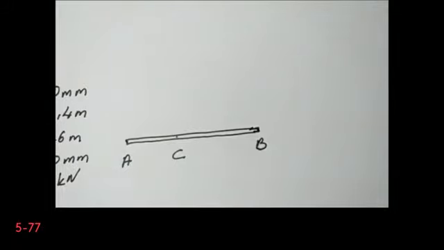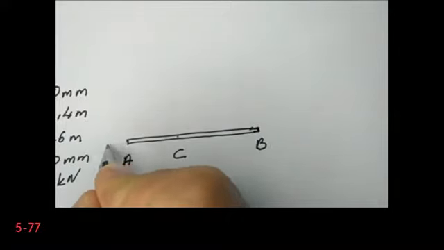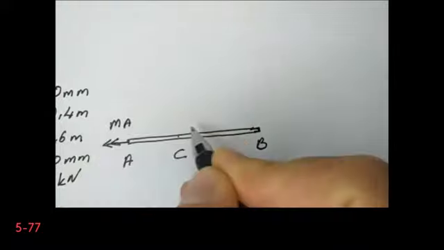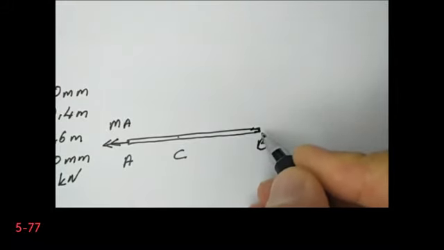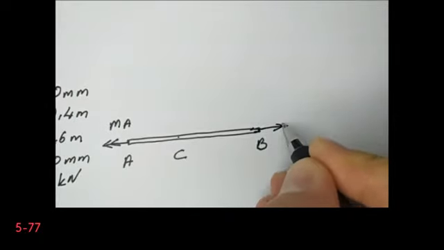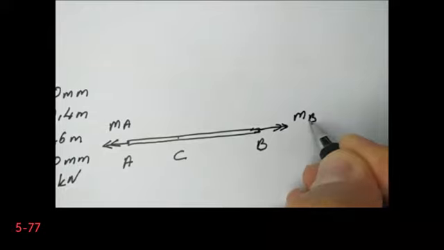In fact, again I will choose MA towards the left hand side. This is the reaction moment or torque at point A. Then I have the reaction moment at point B.